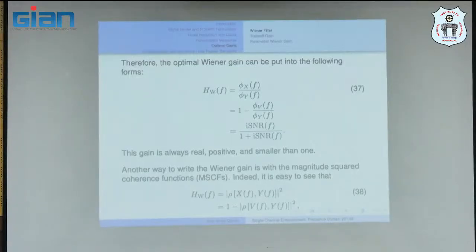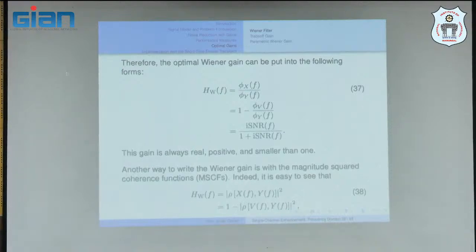For frequencies where the narrowband input SNR is high, we want H, the gain in those frequencies, to be higher, closer to 1. When the narrowband input SNR in frequencies is low, H will become lower, closer to 0. So we see that the Wiener filter behaves like that, which makes sense. If it didn't behave like that, then something would be wrong. Okay?